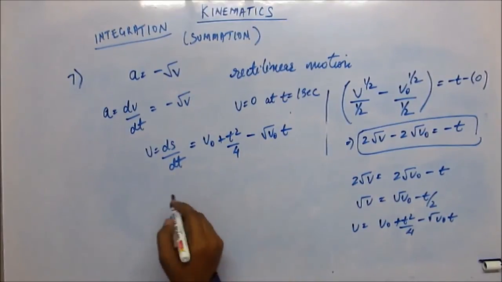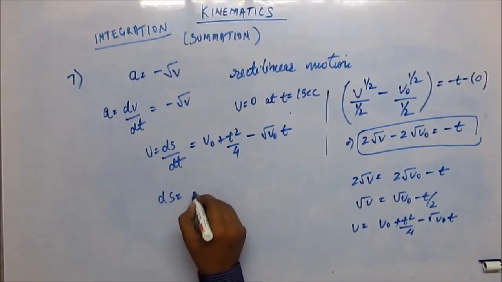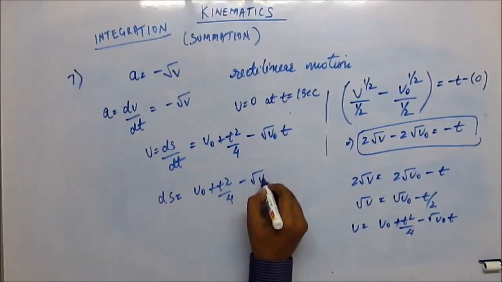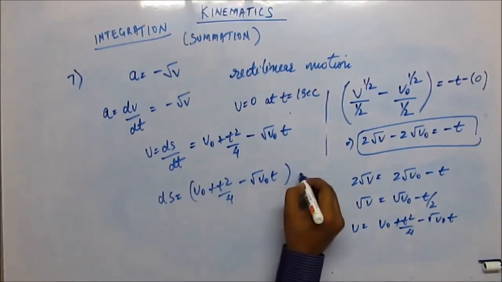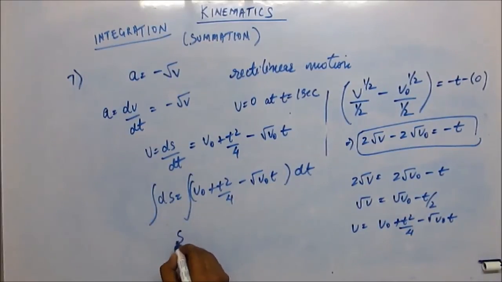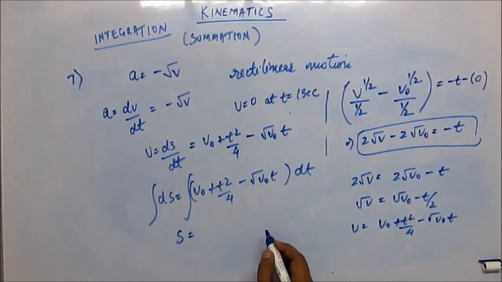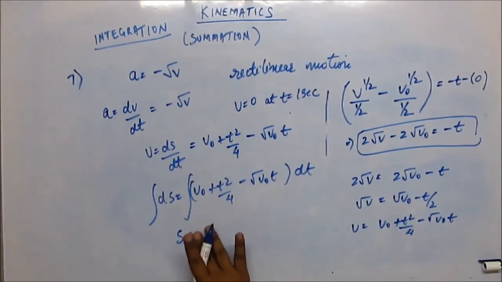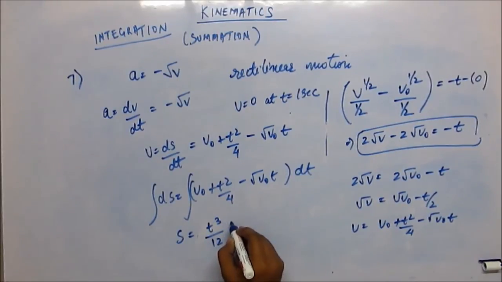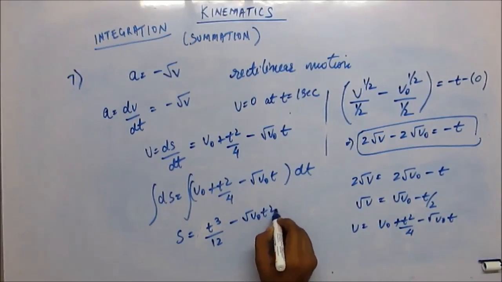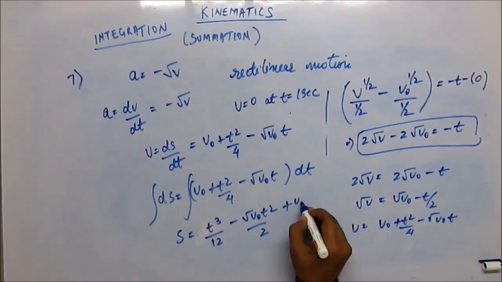You just have to integrate both the sides. ds is equal to v naught plus t squared by 4 minus root over v naught t into dt. To integrate both the sides, integration of ds will be s, and integration of this will be v naught t cube by 12 minus root over v naught t square by 2 plus v naught t.